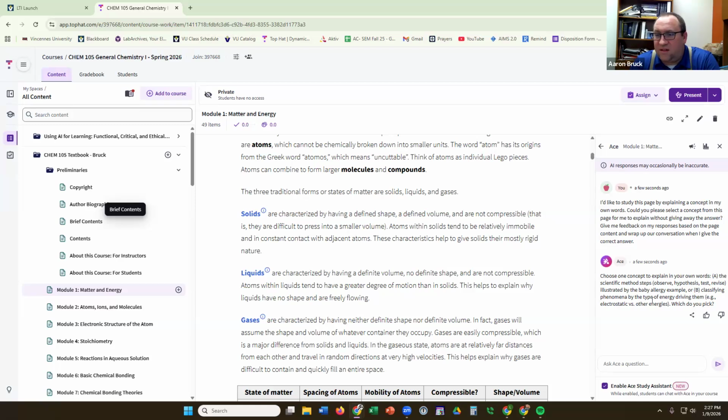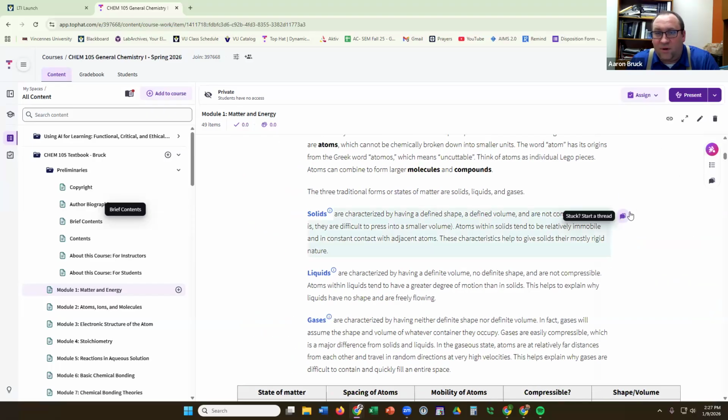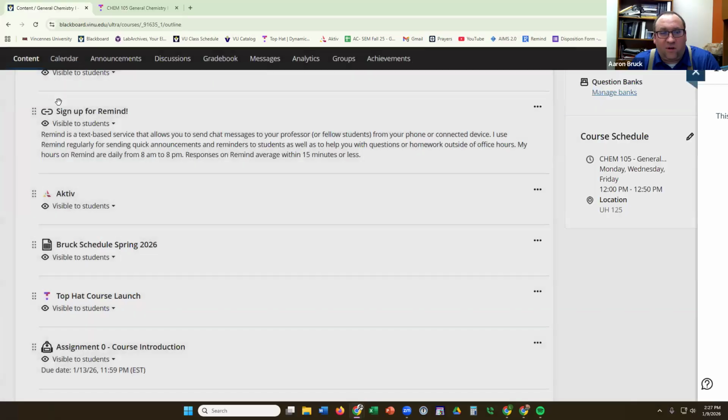The scientific method, classifying matter, which do you pick? And so it gives you a means, kind of like a professor in your pocket, where you can interact with the text and ask questions. And as a study assistant, it does a pretty good job. So that's there for Top Hat.